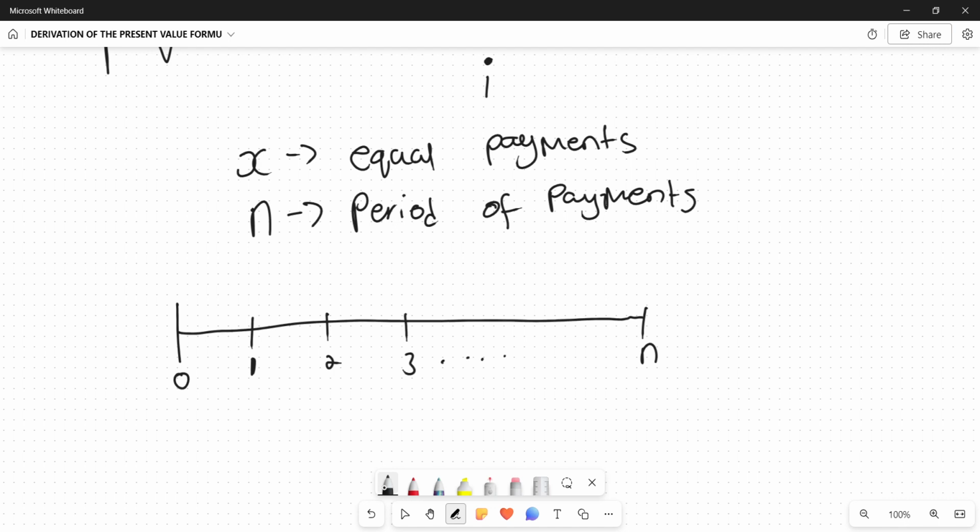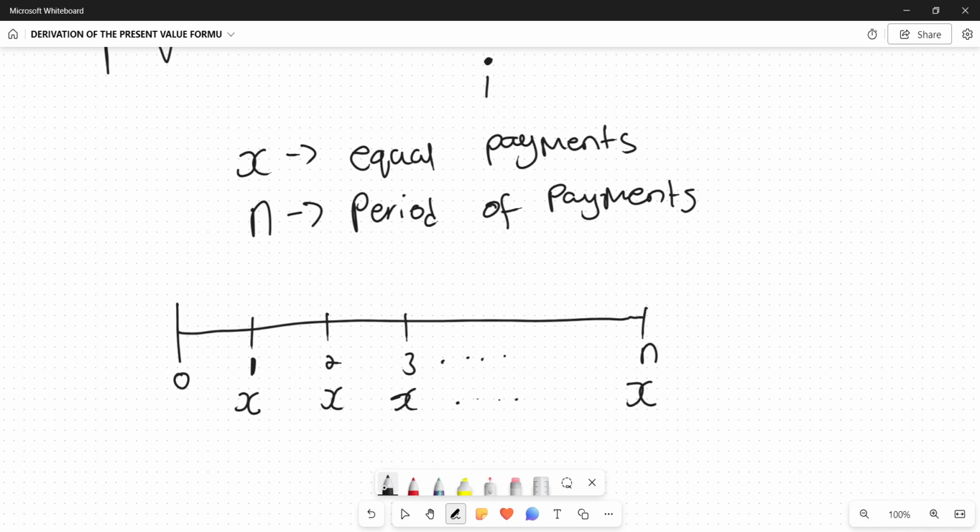We are paying a series of x payments at the end of each time interval. At the end of time period 1, we pay x, at the end of time period 2, we pay x, and so on. And at the end of our n period, we also pay x.